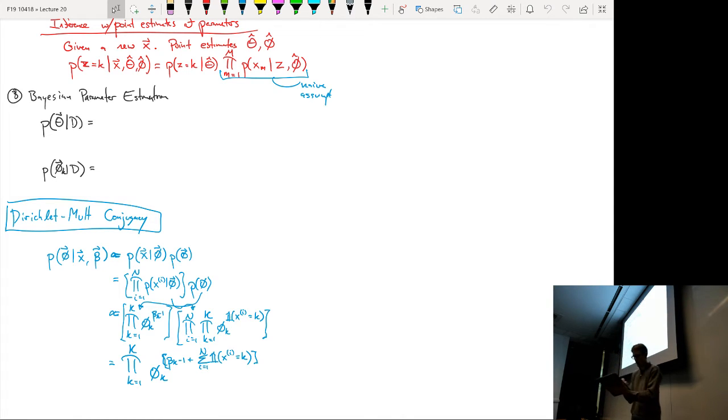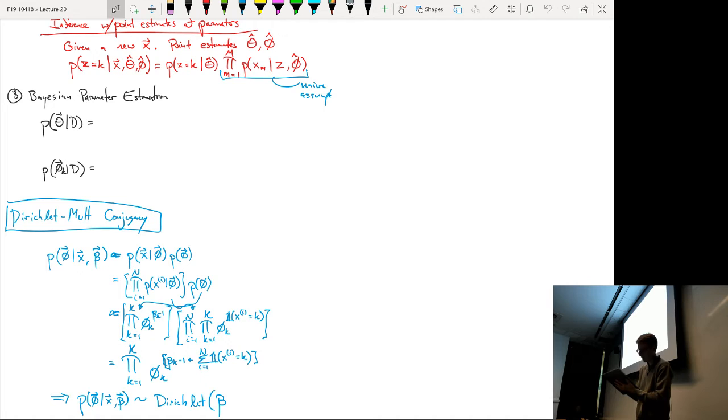So this whole thing means that p of phi given x and beta follows a Dirichlet with parameter vector beta, oh not minus 1, the minus 1 is inherent.